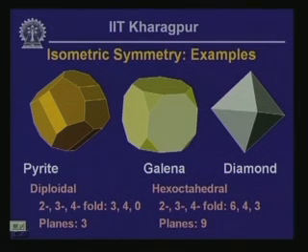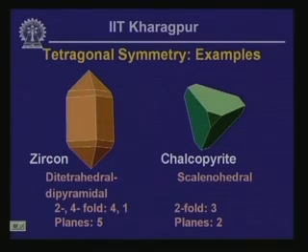These 2 types of minerals have 9 planes of symmetry, and as you can see, these minerals also meet the minimum requirement for being classified in the isometric family. Okay.